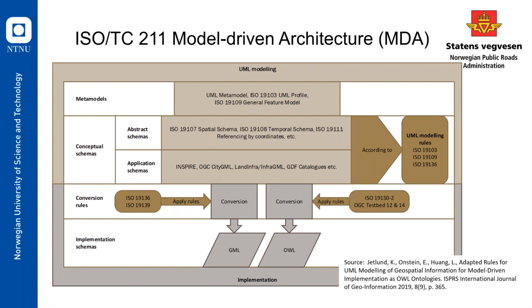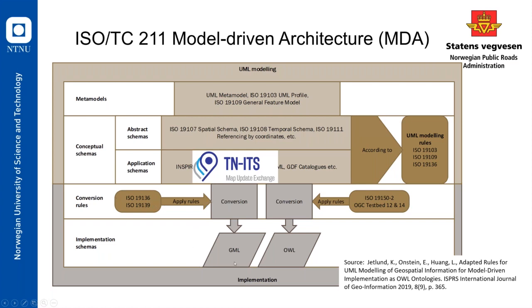And the core of this figure is that by following this structure, and using UML to model these application schemas according to a set of UML modeling rules, we can apply conversion rules and derive implementation schemas from the models. That way we have UML models that are independent of any implementation technology, while we can derive implementation schemas for different implementation technologies.